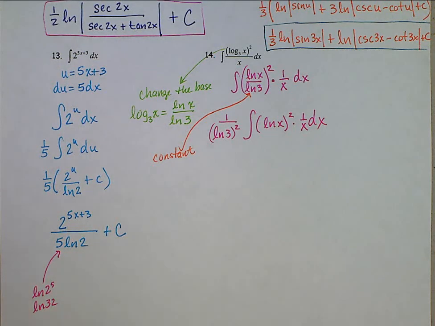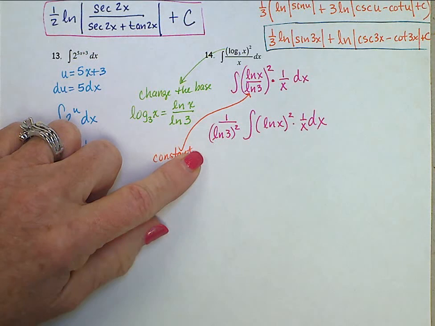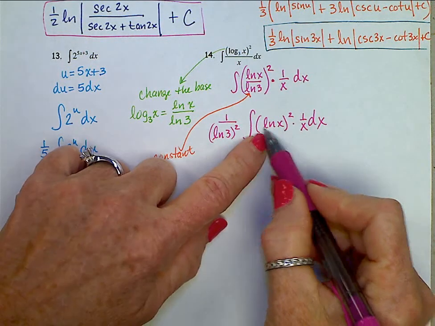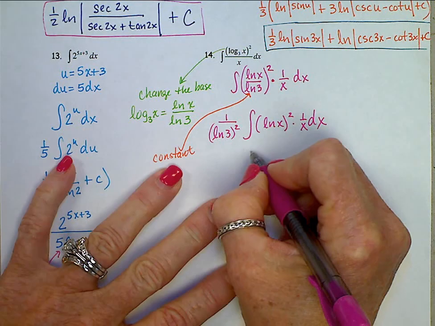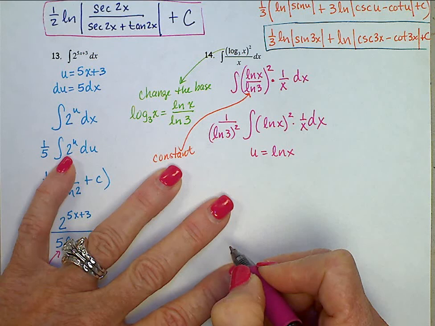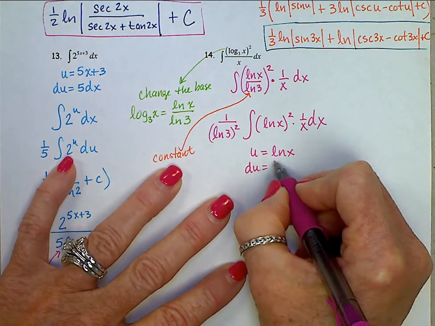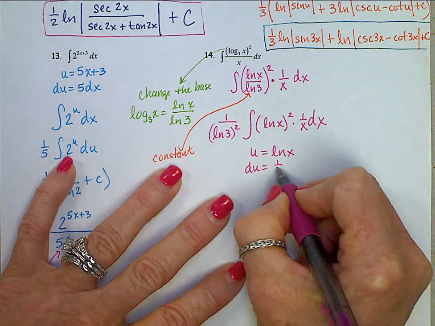Nice. Now when you look at this, you should be able to see what to choose for a u, because we have a quantity that is raised to a power. So let's choose u to be ln x. Then du is, the derivative of an ln, 1 over x dx.